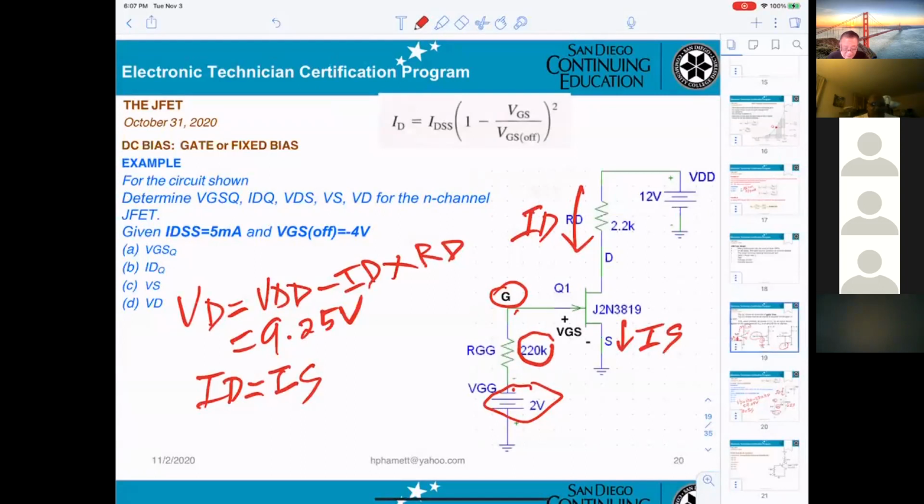Right. ID times RD gives us a smaller number than VDD. No. RD equals 2.2K, right? Yeah, RD 2.2K times 1.25 milli.